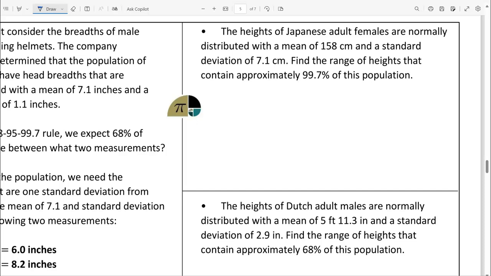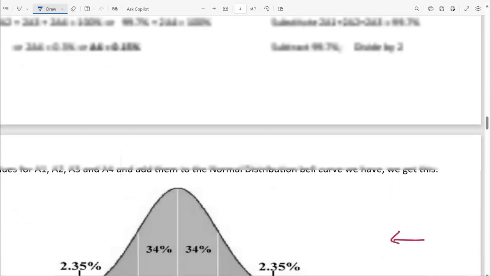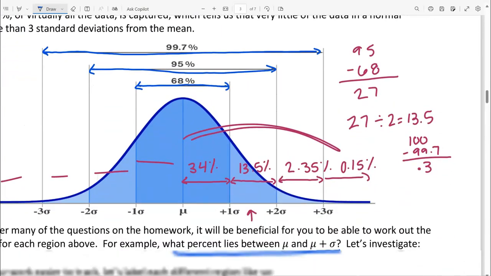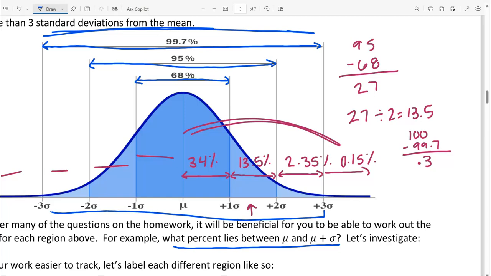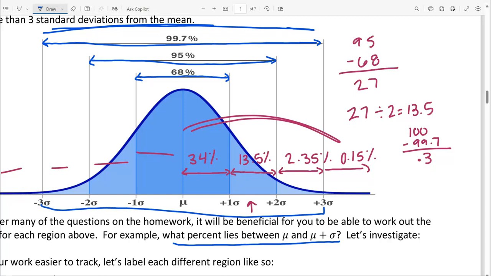Find the range of heights that can contain approximately 99.7% of this population. So 99.7%, we can go back up to our graph and look at that. That's this big section, right? That goes 3 standard deviations out both ways.